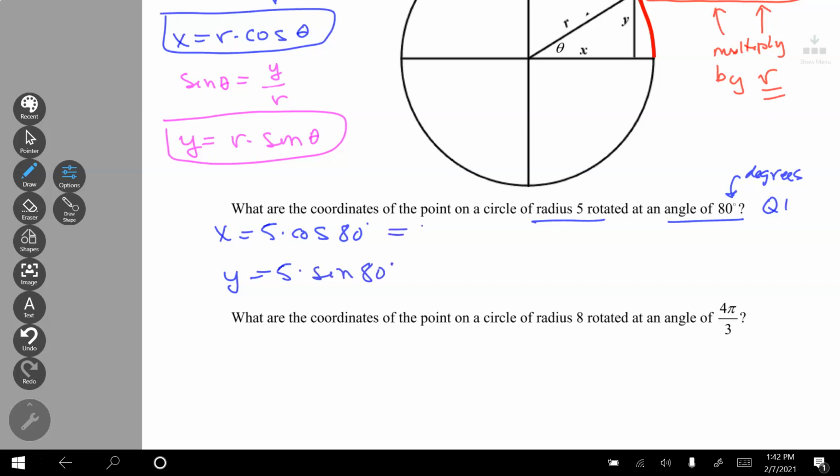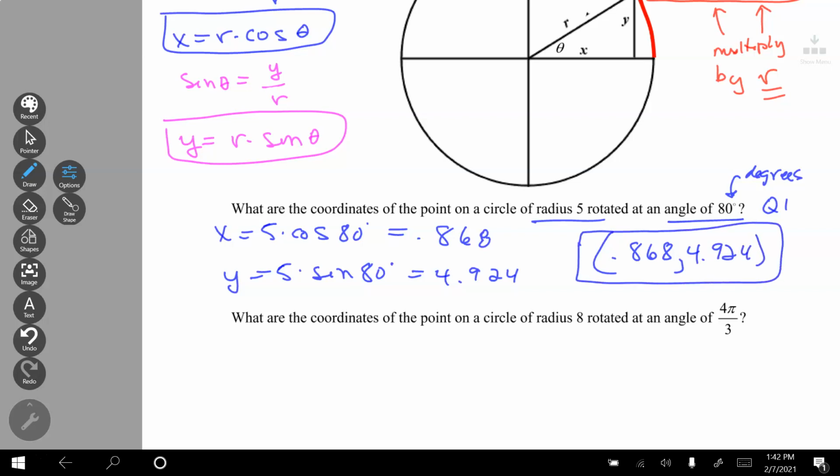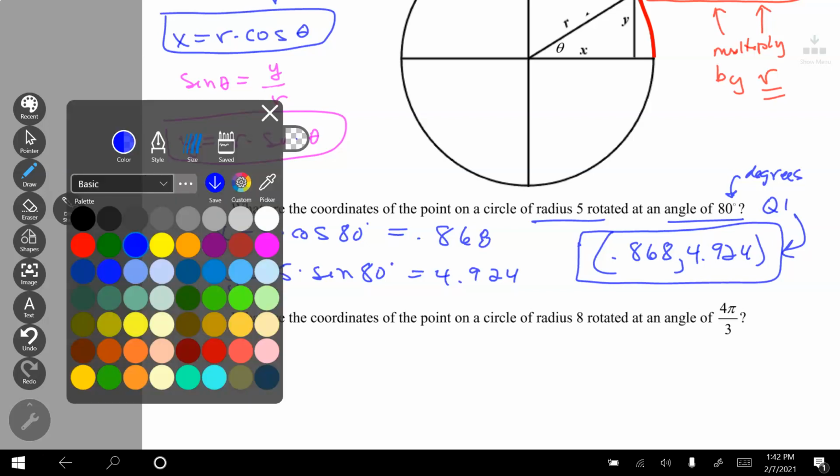I have no idea what those values are without a calculator. So my point is going to be 0.868, 4.924. Those would be the x and y values on the circle of radius 5 with a point at 80 degrees. And again, positive, positive is in quadrant 1.